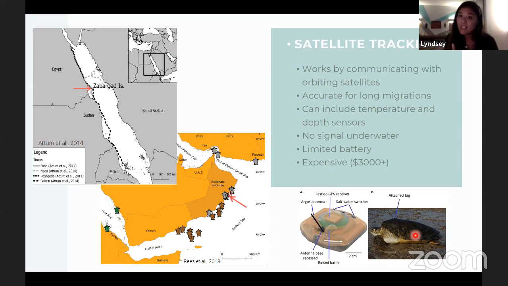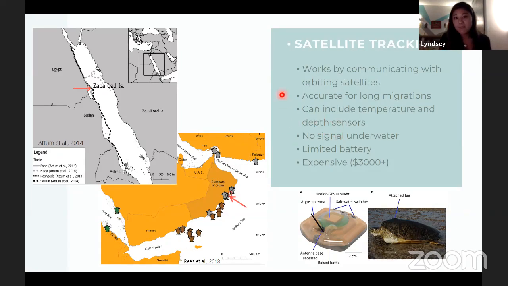But they're really cool because if you put them on a nesting turtle, you can figure out exactly where she migrates to after she's nesting, and usually it's to a critical foraging ground. At this foraging ground, we can protect it, and that can really help our turtle populations because, as I've mentioned, they're pretty endangered, so we do want to do our best to conserve these species.